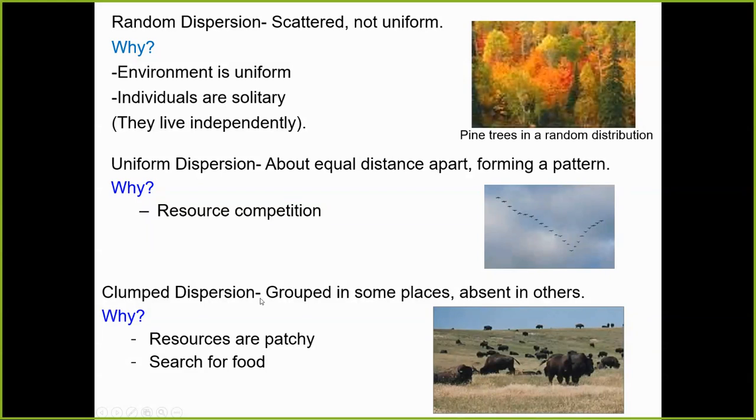Clumped dispersion, however, happens when you have grouping in some places, but in other spots, there's none at all. So again, why do we see this? It tells us that the resources, food, water, shelter, whatever it might be, tend to be kind of patchy.